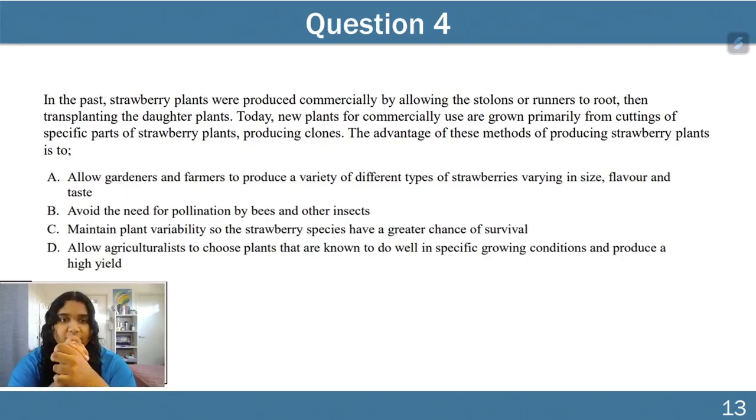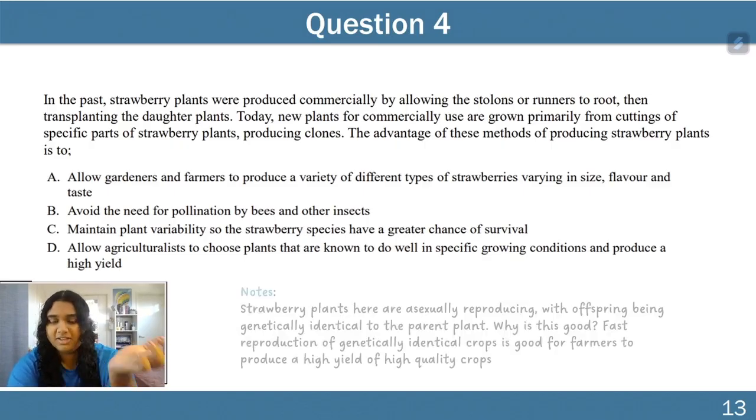B, avoid the need for pollination by bees and other insects. C, maintain plant variability so the strawberry species have a greater chance of survival. Or D, allow agriculturists to choose plants that are known to do well in specific growing conditions and produce a high yield. So pause now, get the question done, and I'll go through the answer.